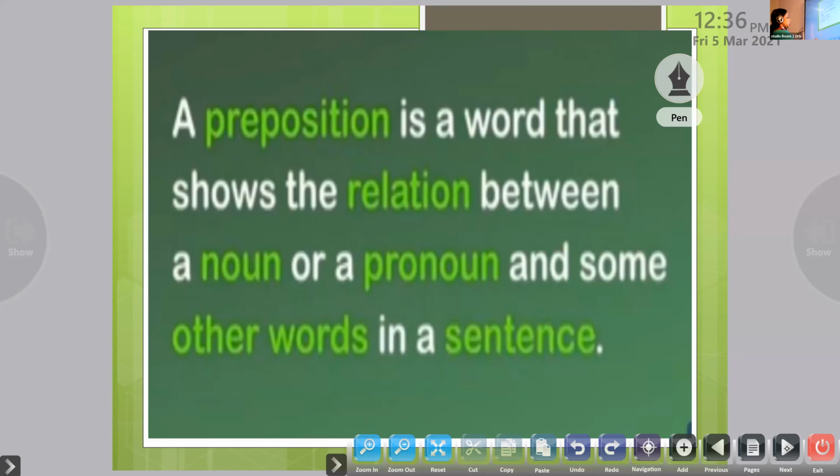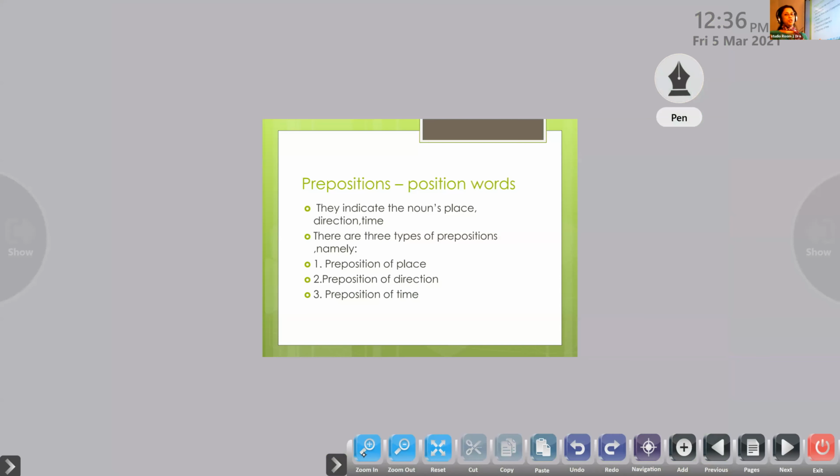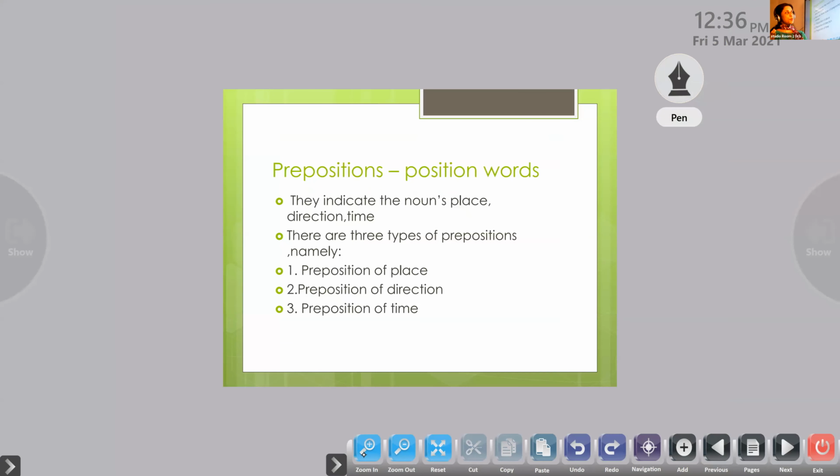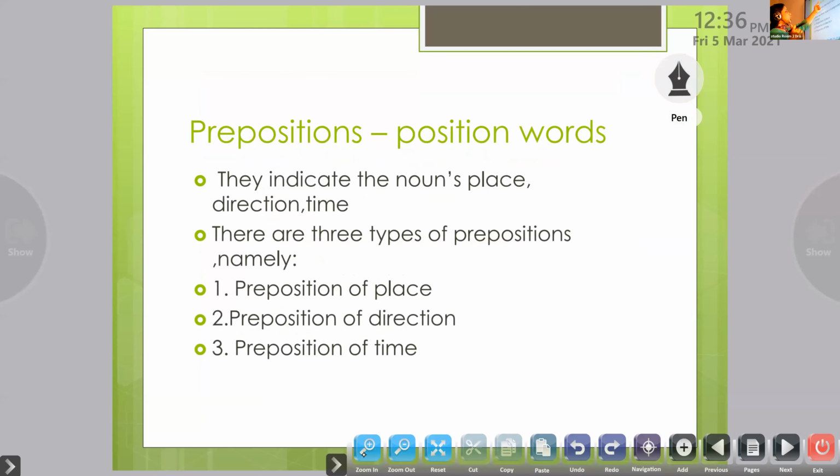Now let's move on to the different types of prepositions. As prepositions are called position words, they tell us about place, direction, and time. Place means where the place is. So under place, we are going to learn certain prepositions.